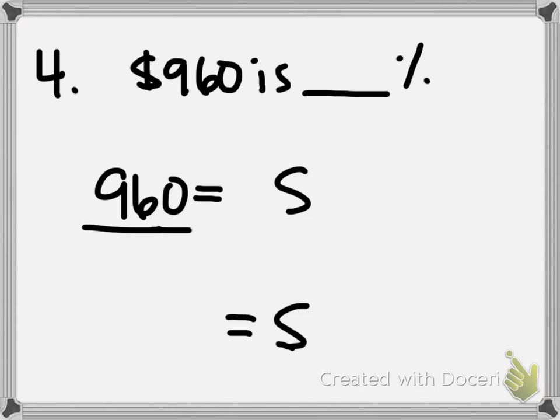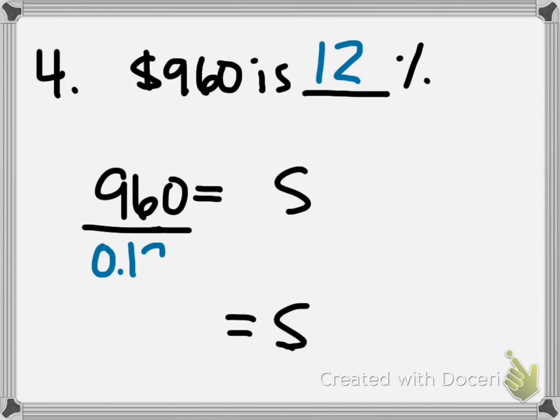Okay, we are on number 4. A furniture sales associate earned $960 in commission in May. If his commission is 12% of sales, how much were his sales in May? So we need to think, $960 is 12% of what number? So we need to find that number. So we're going to solve by the equation and let S be total sales.